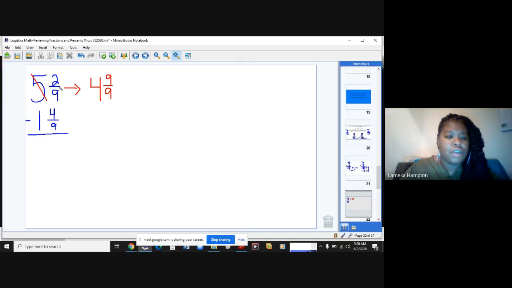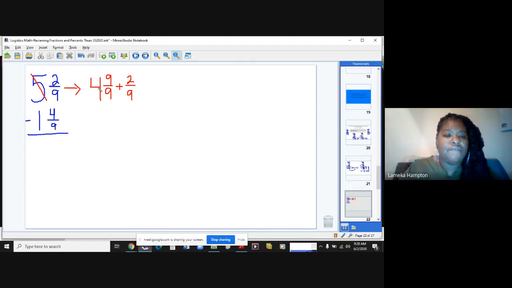Okay. Now, what I'm going to now do with this 2 over 9, I am simply going to add it to this fraction. So what we have here in essence, we actually have 5 and 2/9, but we kind of broke it down to where we can finalize our answer.